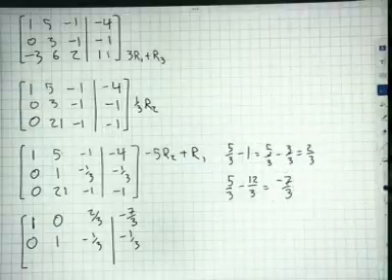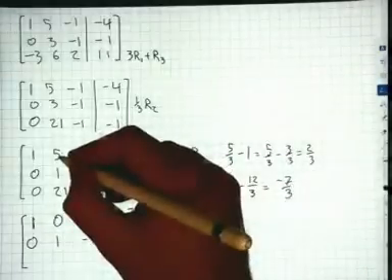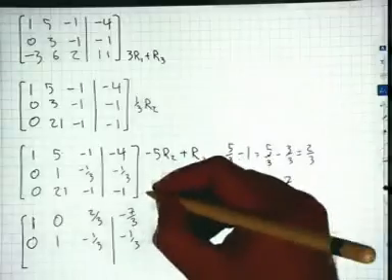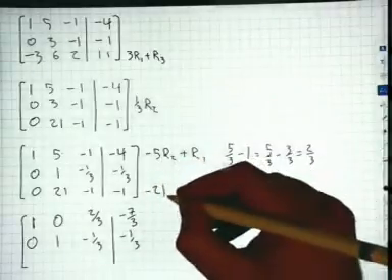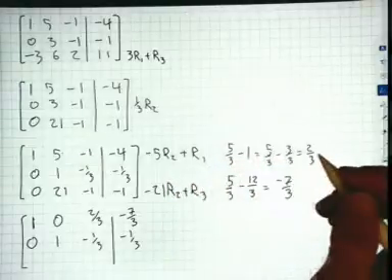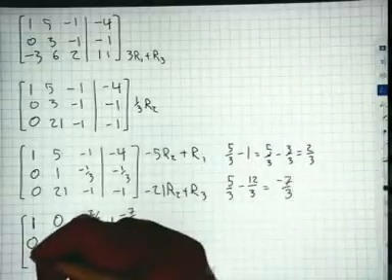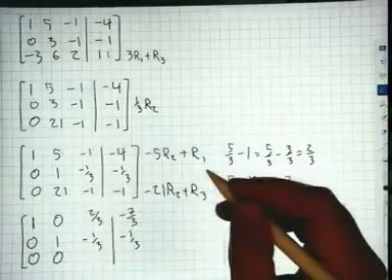So just like I did up here to make this 5 a 0 by multiplying row 2 by negative 5, I'm going to take negative 21 times row 2 and add it to row 3. Alright, so here we go. This is going to become 0. That becomes 0.